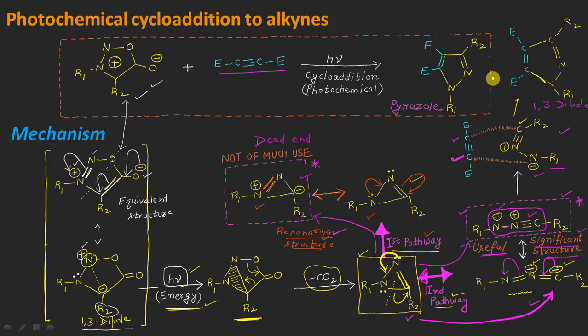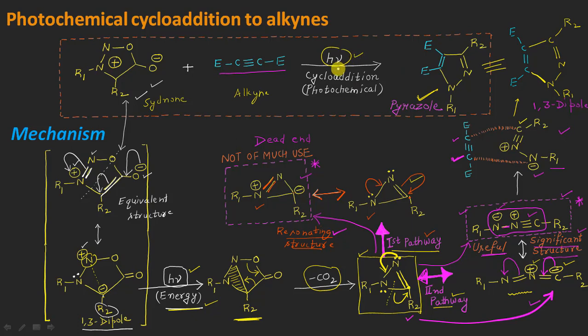So you can compare here that this structure is exactly equivalent to this structure, which is a type of pyrazole molecule, and this is the sole product of this photochemical reaction, which is in between the Sydnone mesoionic molecule and this type of symmetrical alkyne, resulting in the formation of pyrazole under photochemical reaction conditions, right?